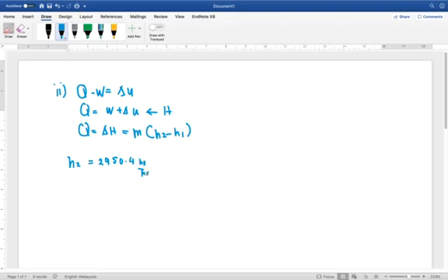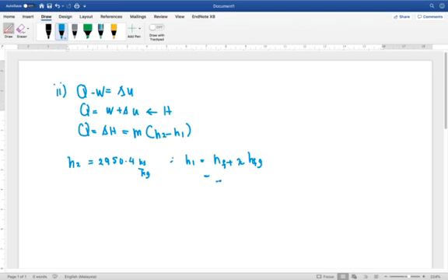And H1 is a mixture, so I get H1 from the special formula hf plus x hfg, and these values hf and hfg I get from the A5 table.